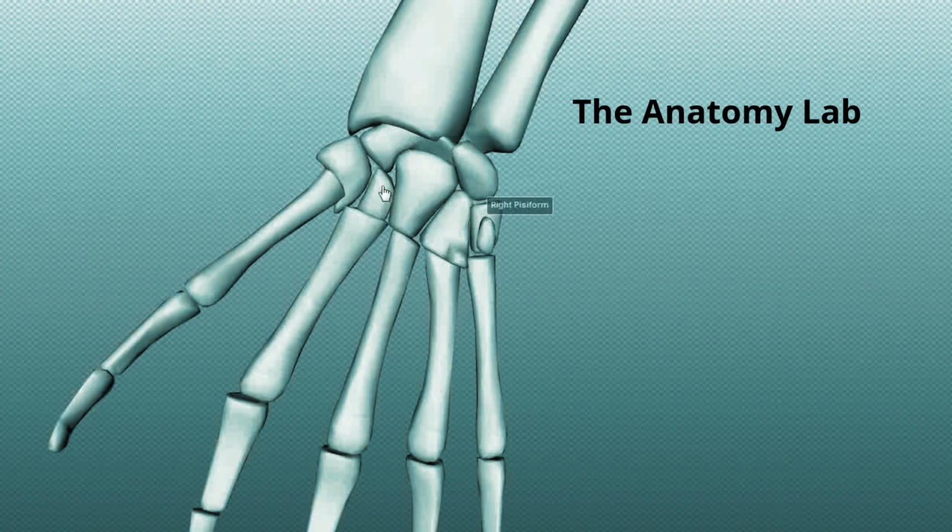So the distal row of carpal bones, on the lateral side you've got the trapezium, then you've got the trapezoid bone, the capitate and the hamate. There's a mnemonic for remembering these carpal bones, and it's "she looks too pretty, try to catch her." It's going lateral to medial on the proximal row, then lateral to medial on the distal row.